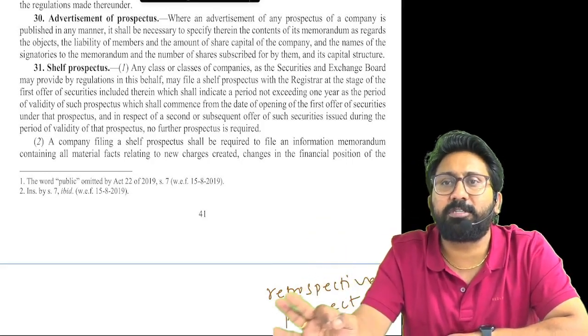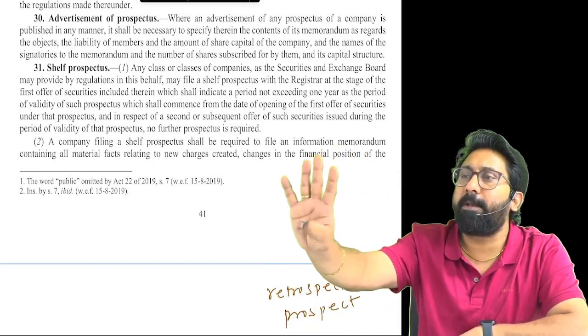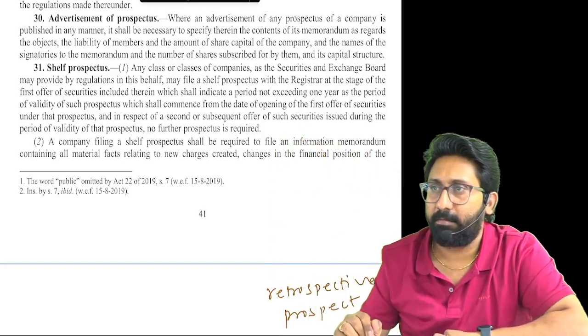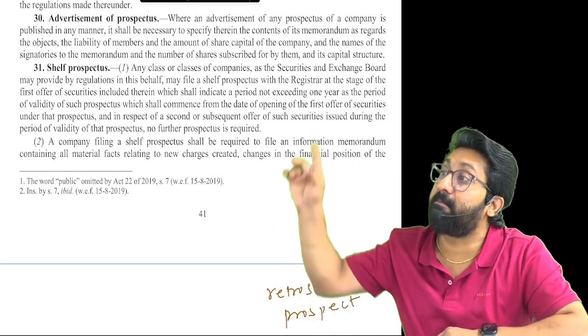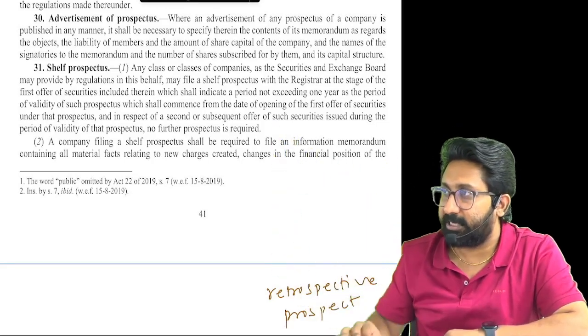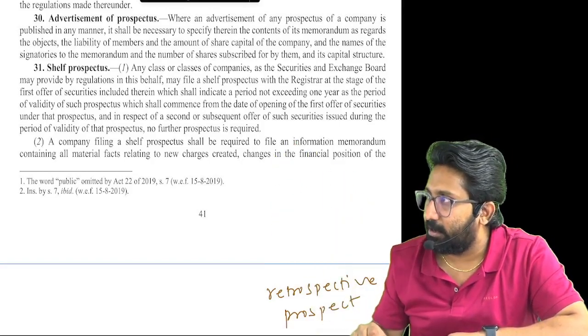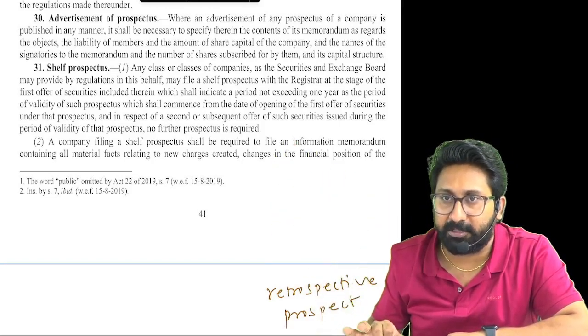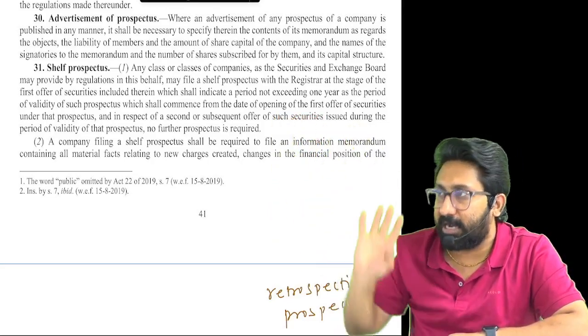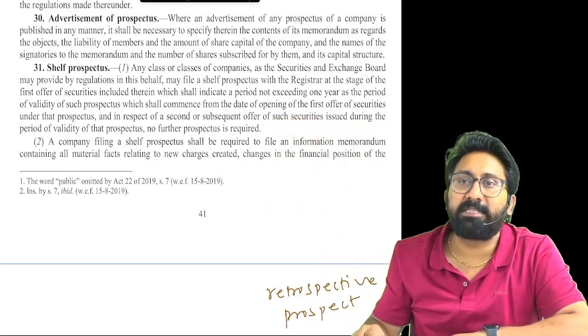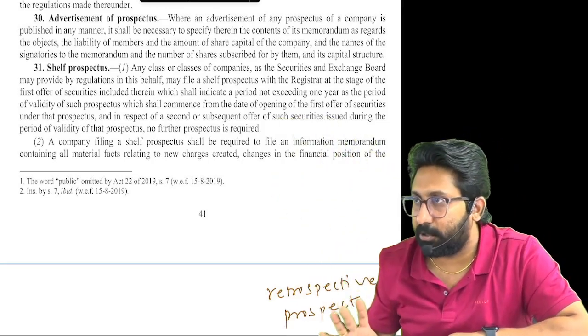That company proposes to go for 4 public offers during a year. How many public offers? 4 different public offers for 4 different projects. It has 4 projects: one flyover project, one bridge construction project, one very big landmark construction project, and one dam construction project.